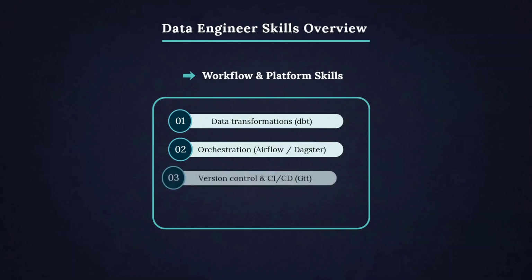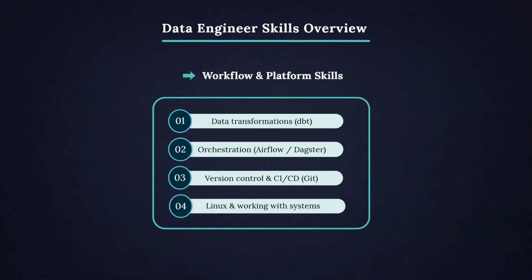Then there's version control and CI/CD. In real teams, data pipelines are built and maintained by multiple people. So version control helps the team review changes, work together safely, and avoid breaking the existing data pipeline.